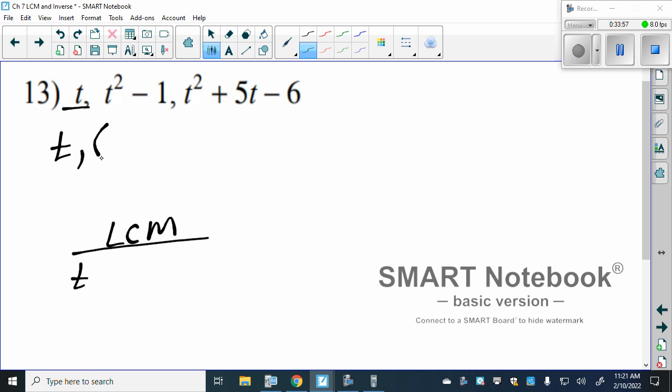Now the middle one will factor. t squared minus 1 is t plus 1 and t minus 1. I put that little hook at the end of the t just so that we can determine and tell it easier from a plus sign.